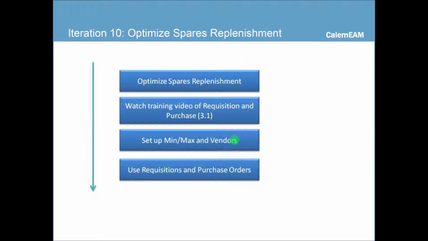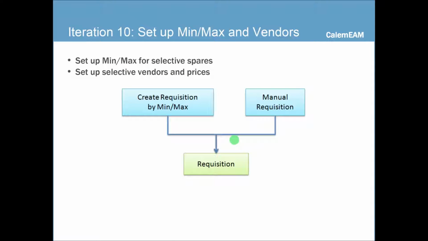Iteration 10, the last iteration, is optimizing your spare replenishment. You can watch the training video to learn about the requisition, purchase orders, min-max, and vendors. Set up min-max and vendors for spare parts, and use requisition and purchase orders.